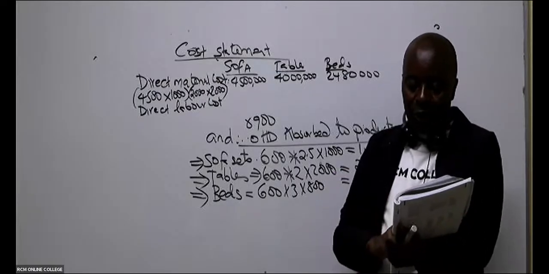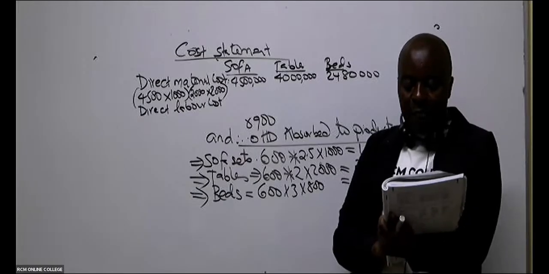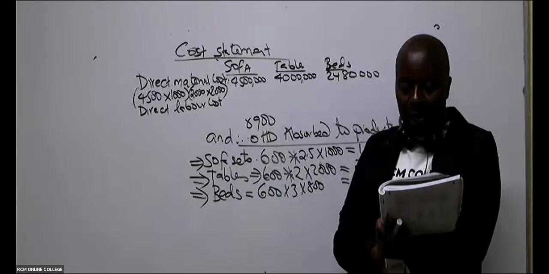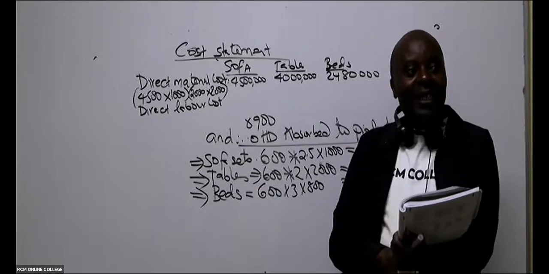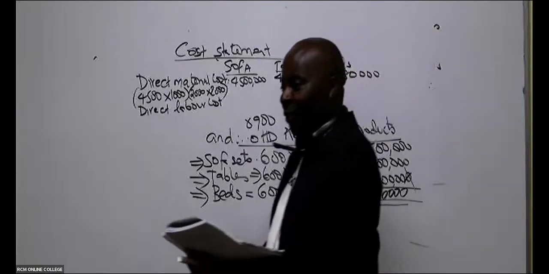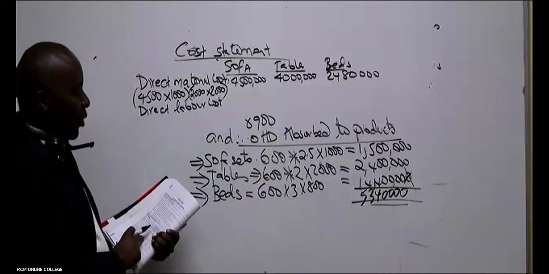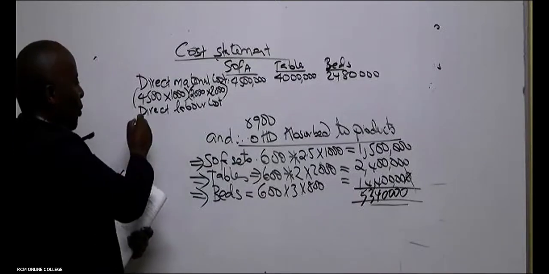So, what is the direct labor cost per hour? Direct labor cost per hour, we have 1,000.